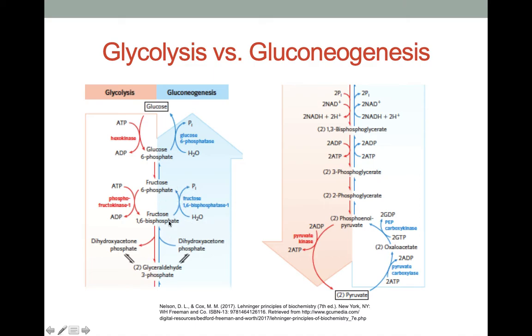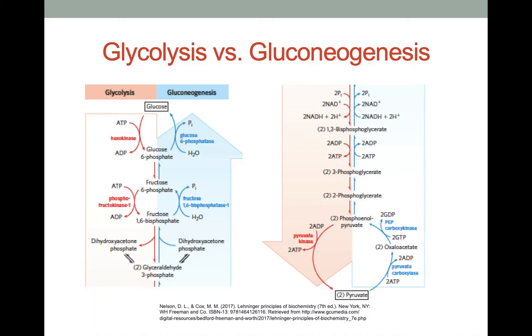So the first reaction, the third reaction, and then the 10th reaction, when we go from phosphoenolpyruvate, or PEP, to pyruvate. It's done simply by pyruvate kinase in glycolysis, but there are multiple steps to get from pyruvate back to the PEP molecule when we're utilizing gluconeogenesis.